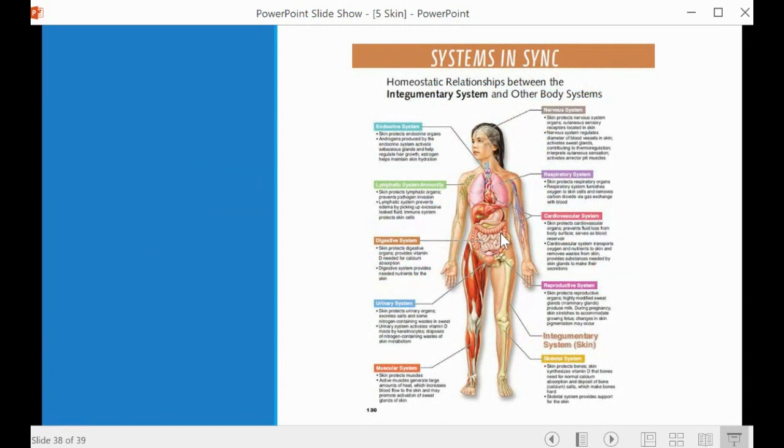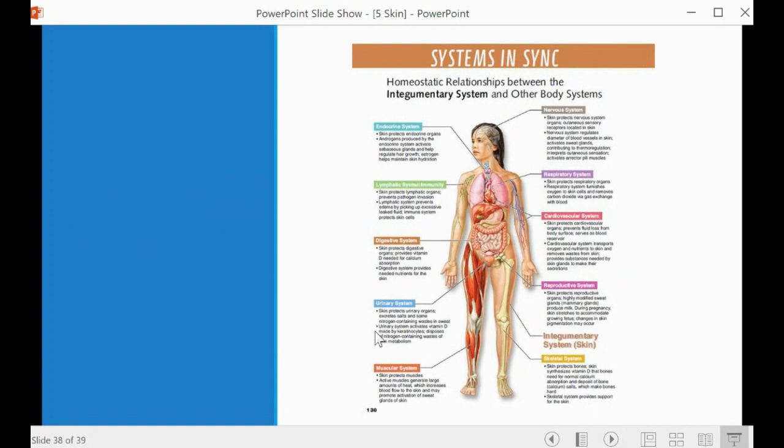So we have all of these homeostatic relationships between the integumentary system and the rest of our body. For the endocrine system, it's being protected. You're going to see at the top of each one of these, it says skin protects. The integumentary system is protecting all of the other systems.